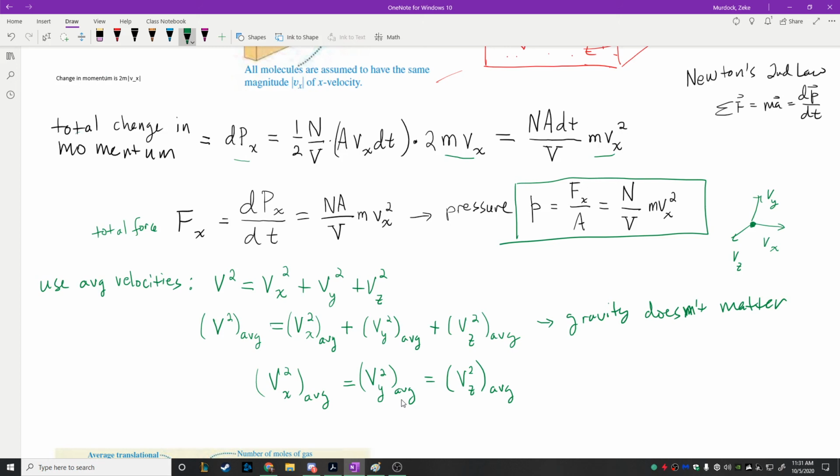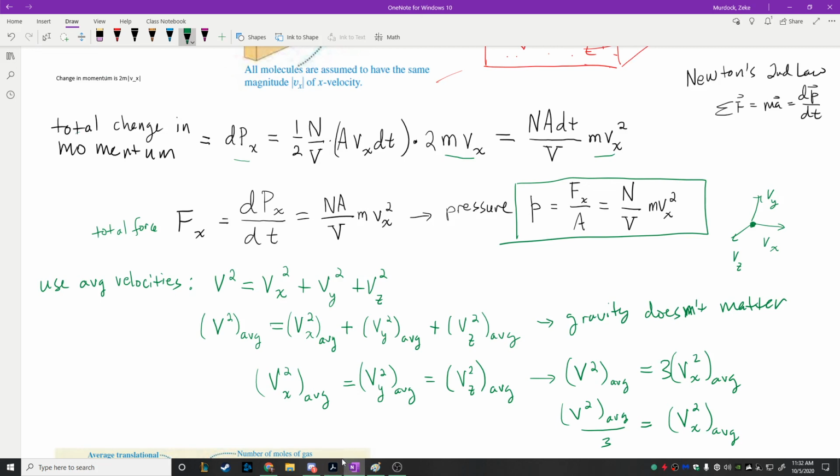And what that means is that our equation right here, we can relate it, but if they're all equal to each other, then the other way we can write it is to say that v squared average is just equal to 3 times Vx squared average, which means that Vx squared average is just equal to v squared average divided by 3.